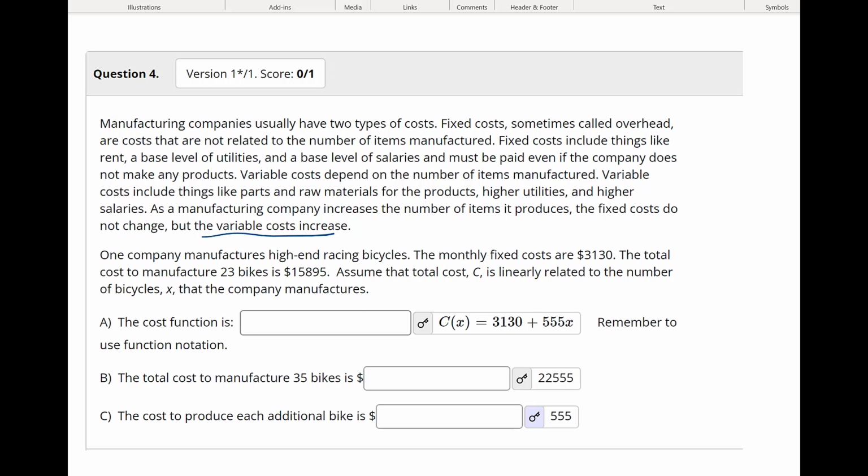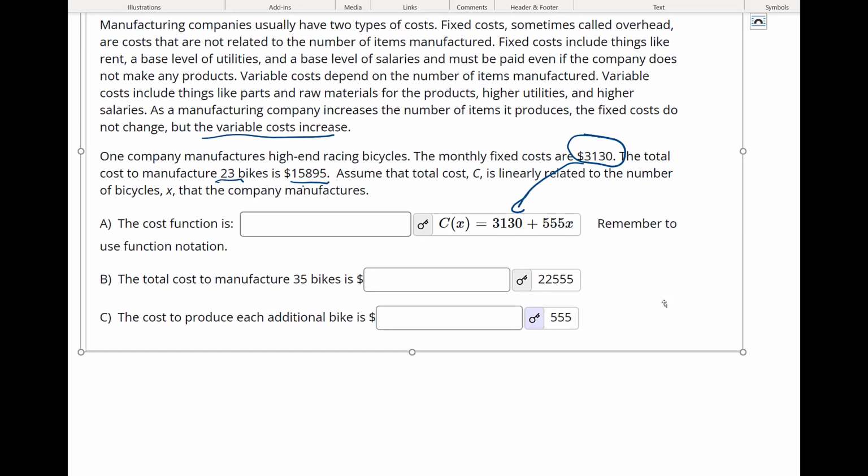For one company manufacturing high-end racing bikes, the monthly fixed costs are $3,130. That's the fixed cost there. The total cost to manufacture 23 bikes is $15,895. So assume the total cost C is linearly related. Okay, what are we going to do?